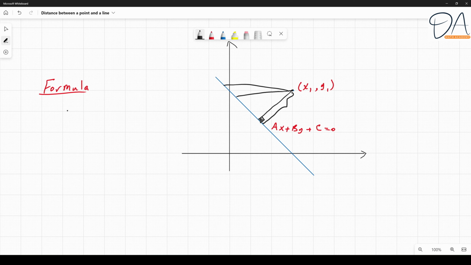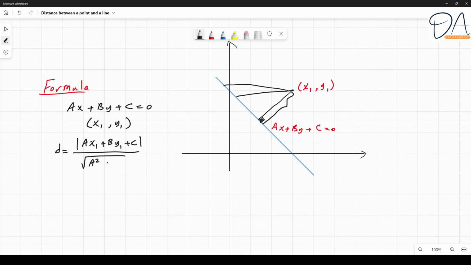If the line is given by this equation, ax plus by plus c equal to 0, this is known as the standard form, and the point is x1, y1, then the distance between this point and that line is given by this equation: the absolute value of a x1 plus b y1 plus c, divided by the square root of a squared plus b squared. So now let's look at examples to apply this.